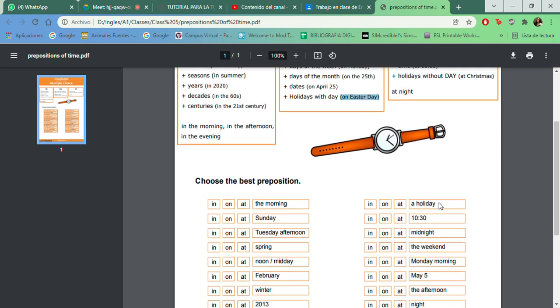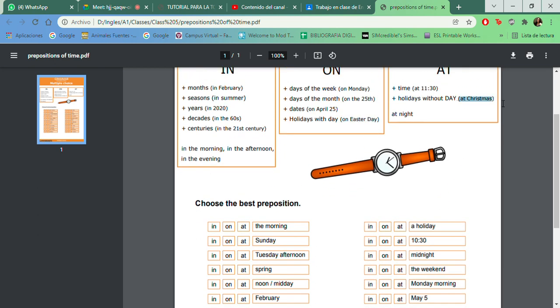Excellent. So at Christmas it's the festival, you would say in general. Are all the important festivals, or any specific festival? Yes, it's at.